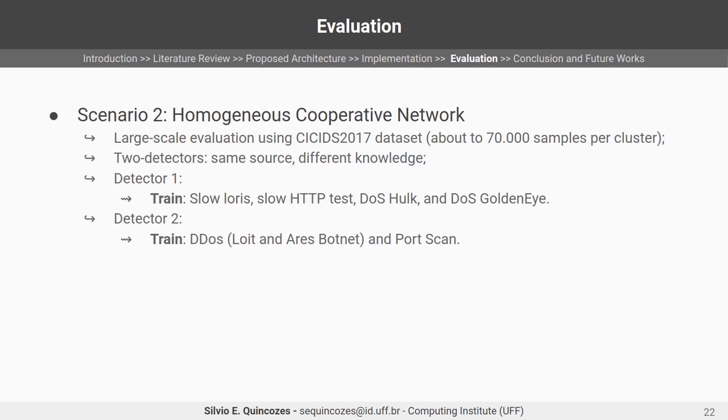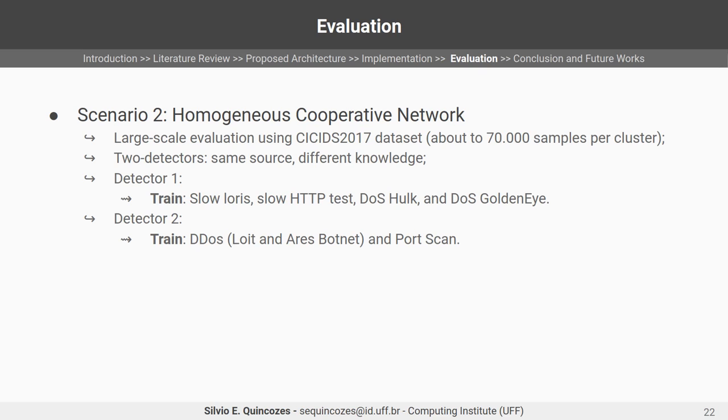In order to verify if this idea works for many samples in a larger dataset, we used the CKIDS, where in each of the 5 clusters generated by k-means, we have about 70,000 samples per cluster.